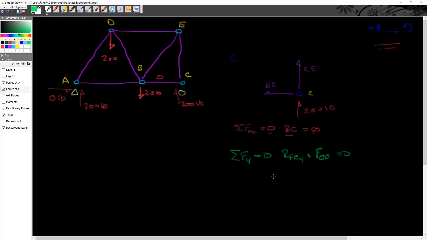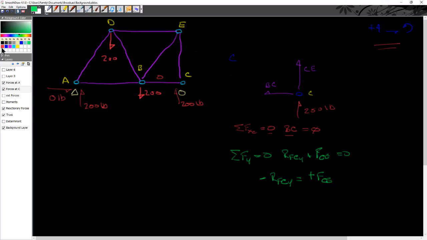All that's saying is RFCY equals the opposite of FCE, or conversely, FCE is the opposite of RFCY. Now you can see that I've got an error here. So what I really need to do is change this force, and this force is going to be equal to minus 200 pounds, because the reactionary force, CY, is plus 200.